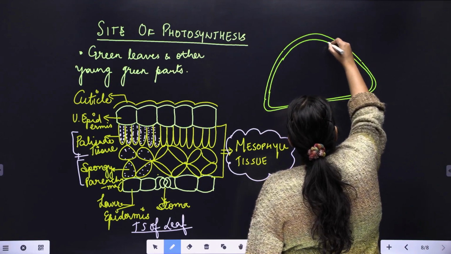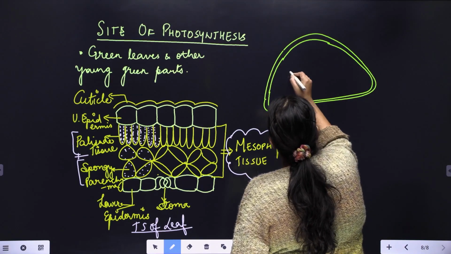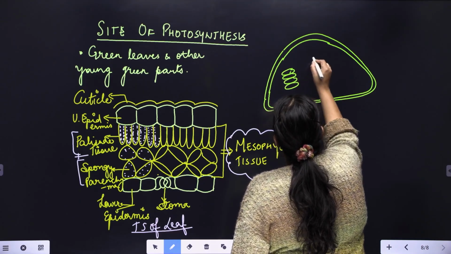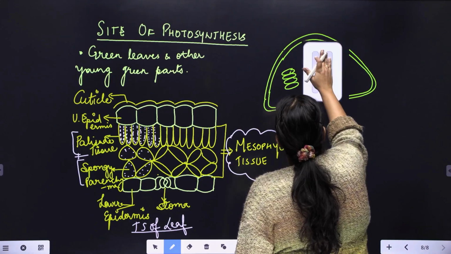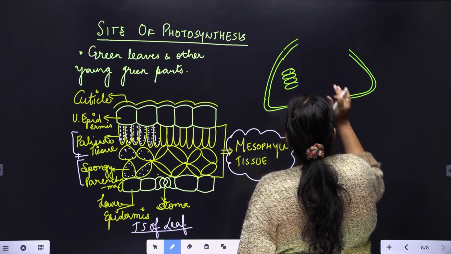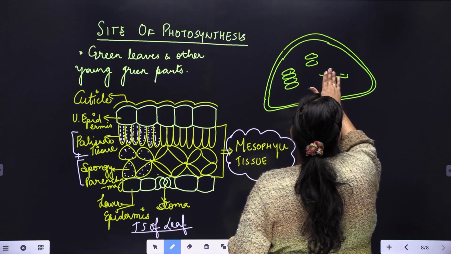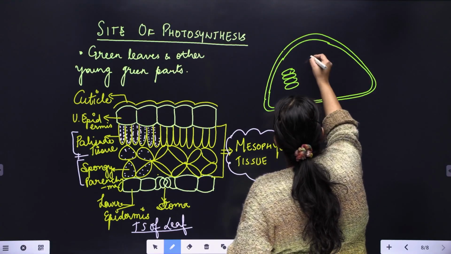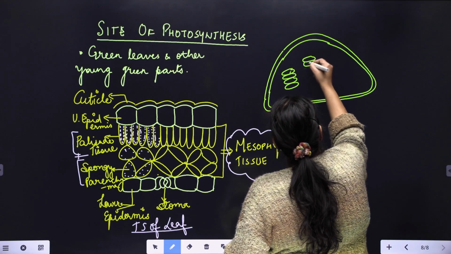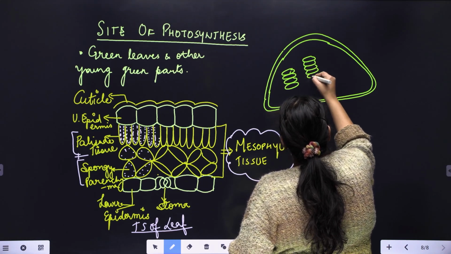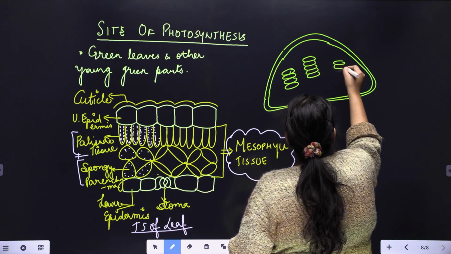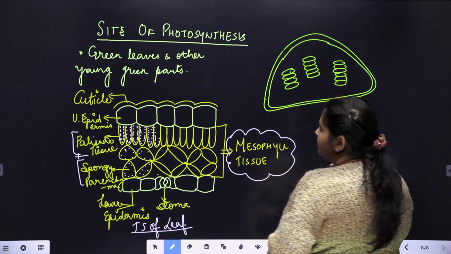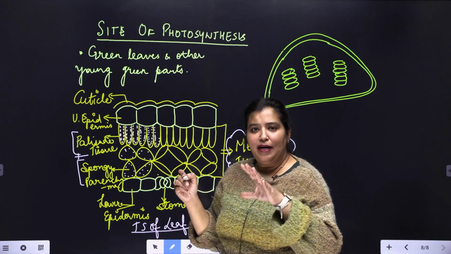The outer membrane is smooth, but the inner membrane continues and forms the membranous part, and the single sac is known as thylakoid, the single membranous sac, and the complete stack is known as granum. Again, the singular and plural, granum and grana.